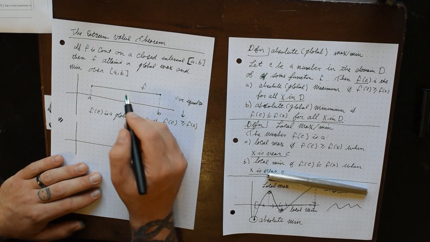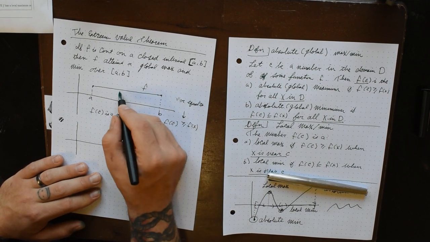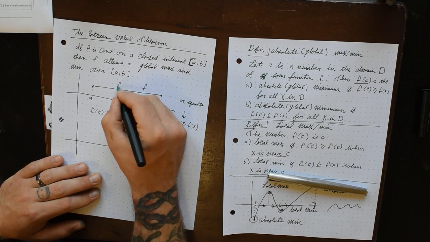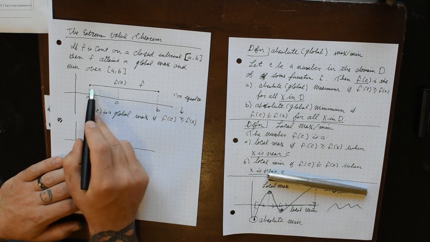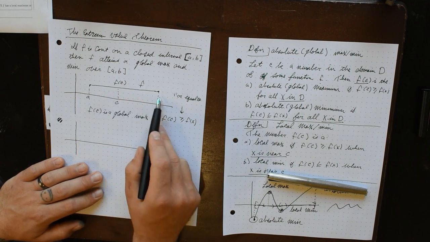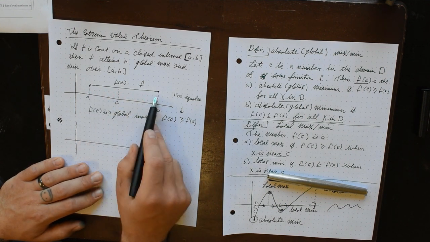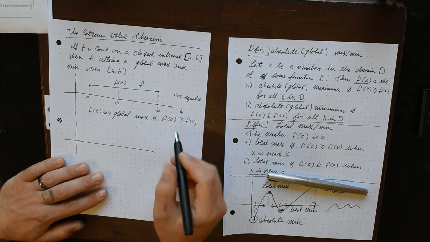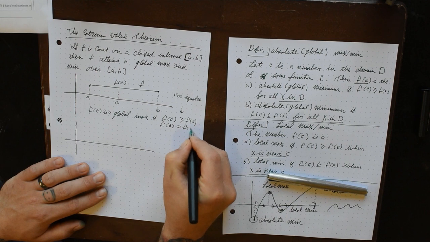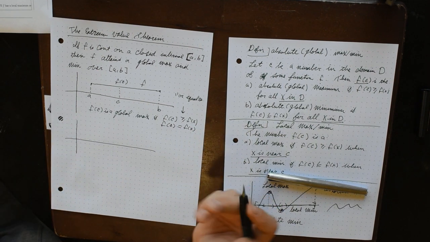And it doesn't matter which value of x we choose. I'll pick this one right here and call it c. f of c is clearly as big as, or equal to, every other y value that we get. Every y value is the same, so really f of c is equal to f of x for all values of x.